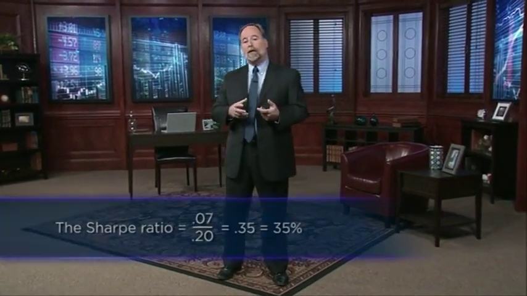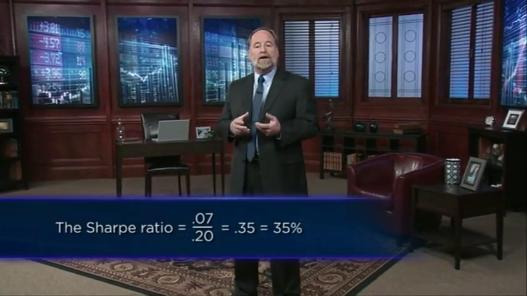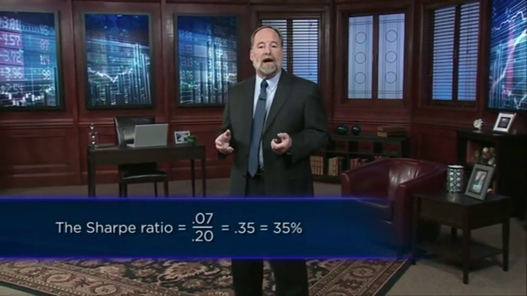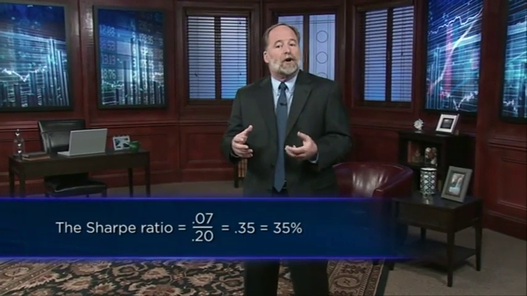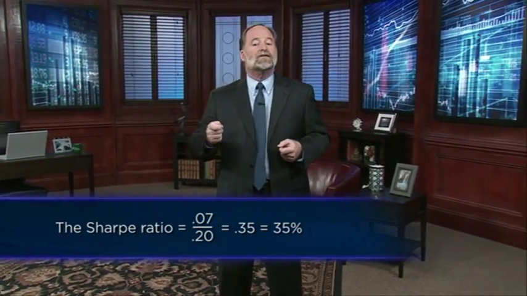For example, consider a risky portfolio with an expected return of 10%, which exceeds the risk-free rate of 3% by 7%. Let the standard deviation be 20%. Then the Sharpe ratio for this portfolio is going to be 0.07 divided by 0.2. It's going to be equal to 0.35. Thus, with this portfolio, you will get a 35% return per each percentage point of standard deviation.